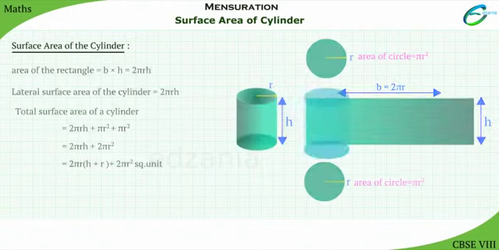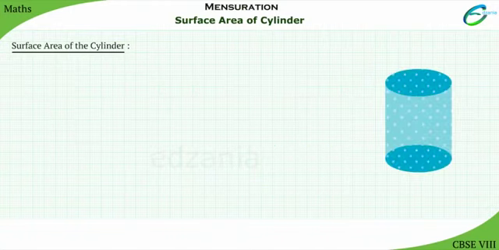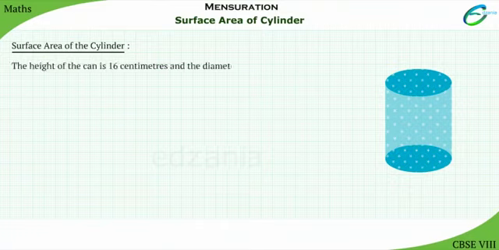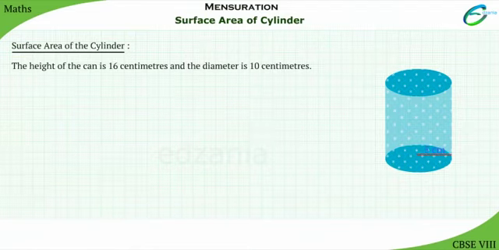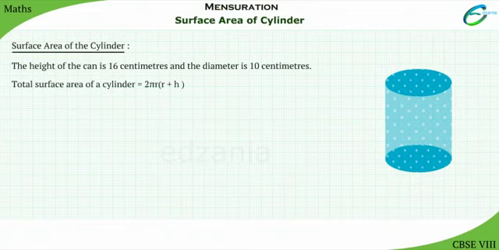Let's find the total surface area of the can that we have gift wrapped. The height of the can is 16 centimeters and the diameter is 10 centimeters. Hence, the radius of the base is 5 centimeters. Since the total surface area of a cylinder is 2 pi r times (r plus h), let us substitute now.